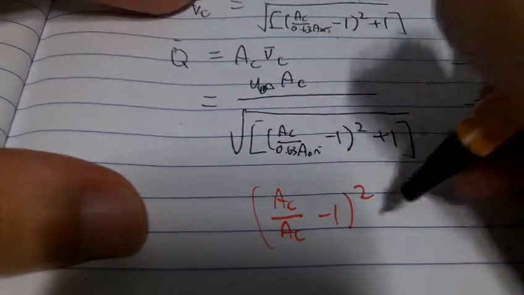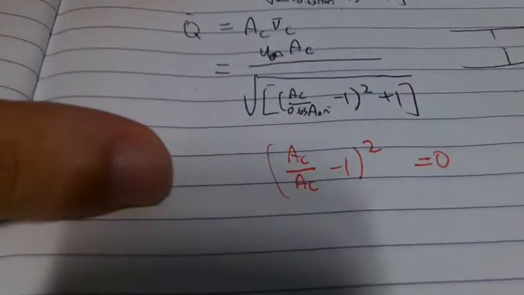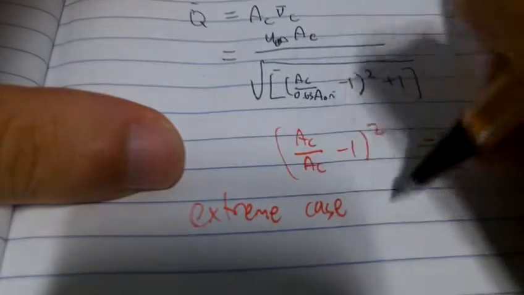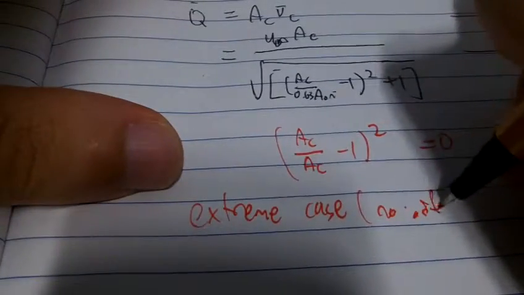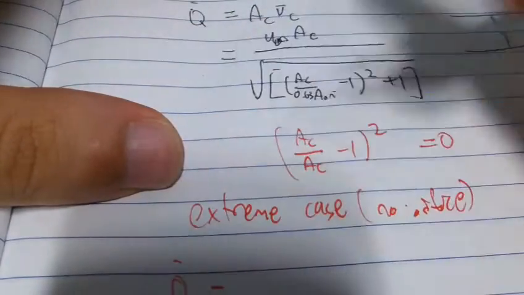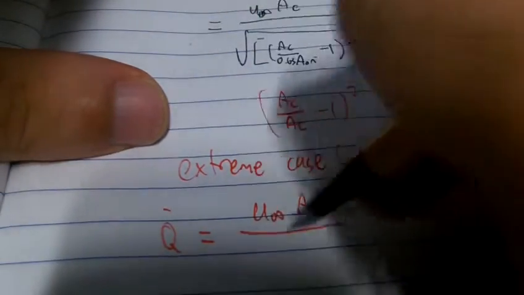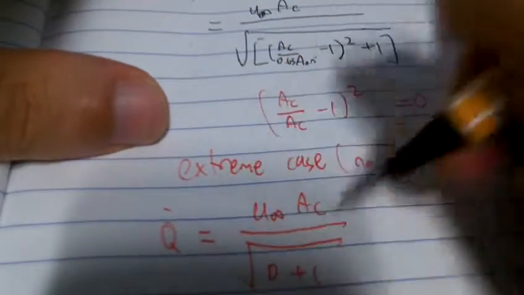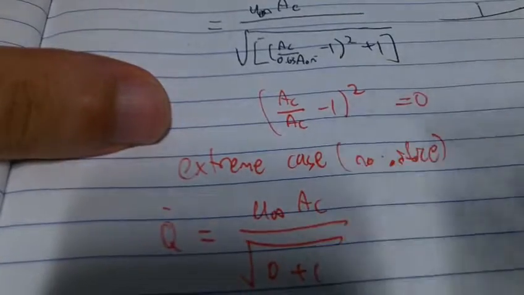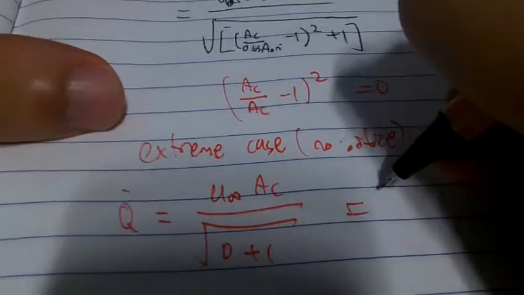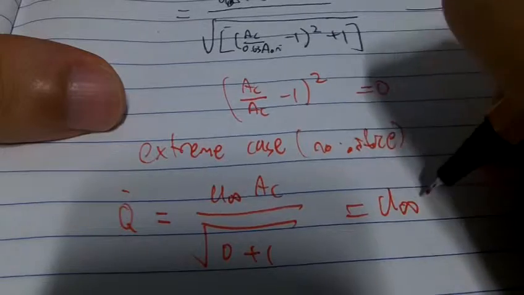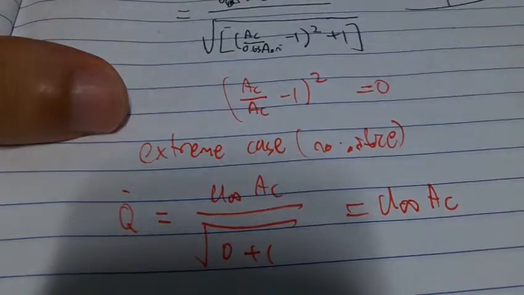This is just 1 minus 1, that's 0. The extreme case, no orifice. And this is just a little extra for your information. U infinity AC over root 0 plus 1. What's the root of 1? That's just 1. So in terms of magnitude, it's just U infinity times AC, which makes perfect sense for us.